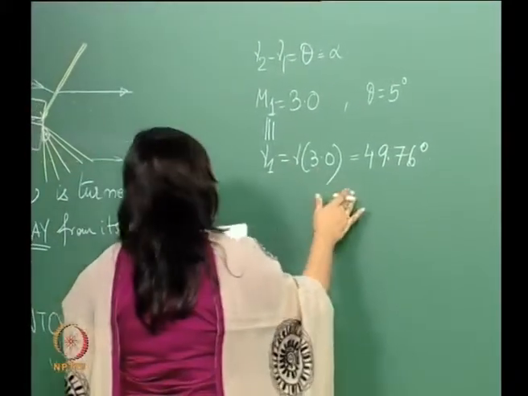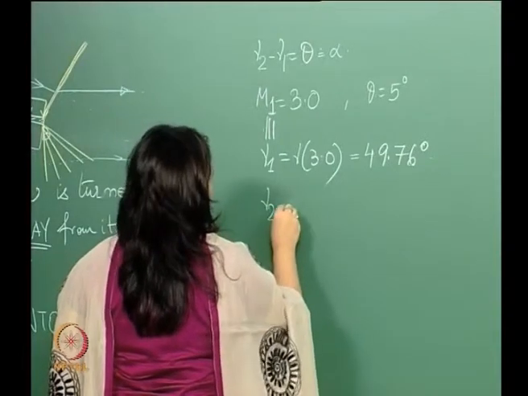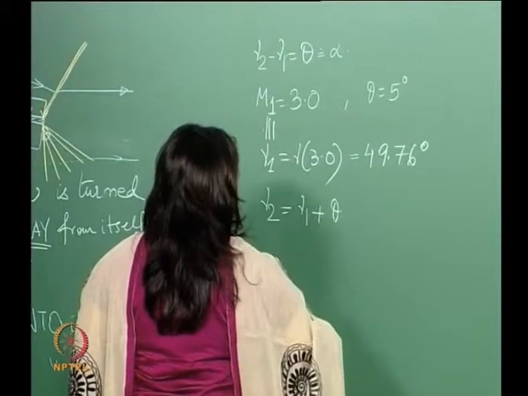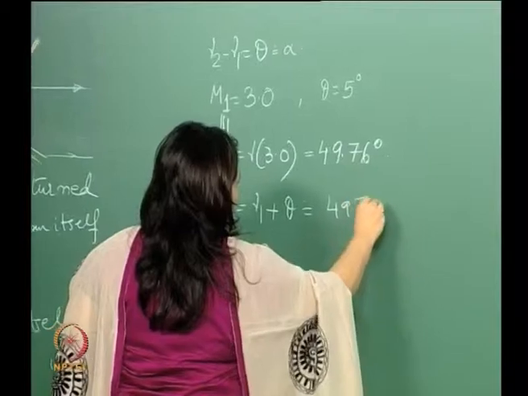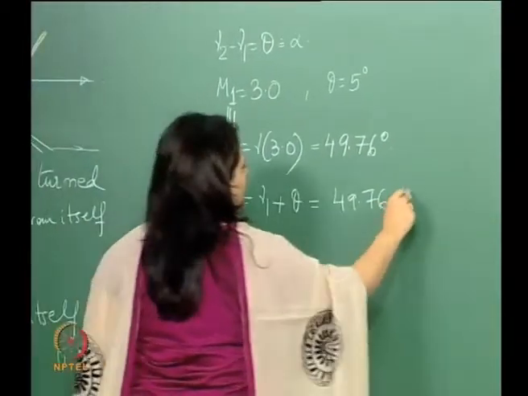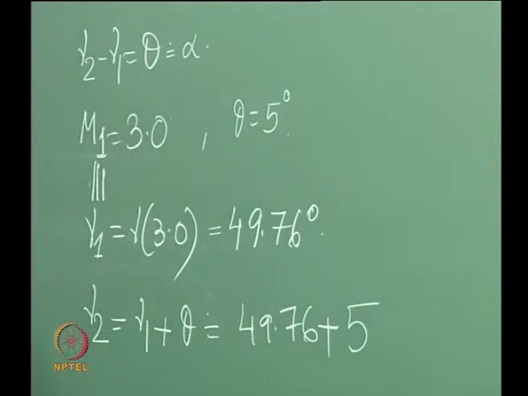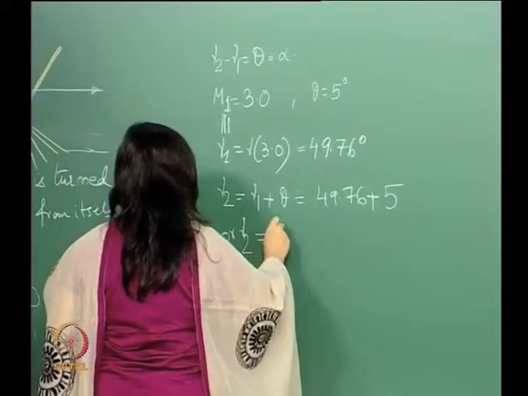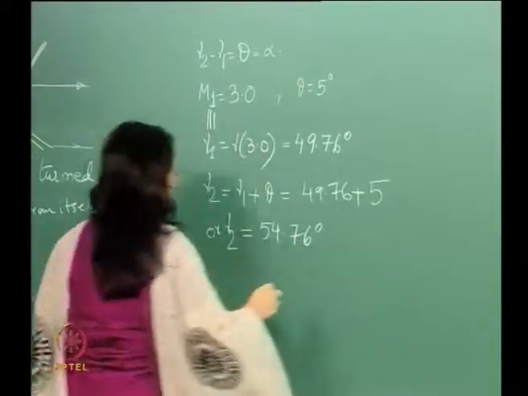Once we get that, we will calculate mu 2. Mu 2 is equal to mu 1 plus theta, where theta is 5. Once we do that, we get 54.76 degrees.